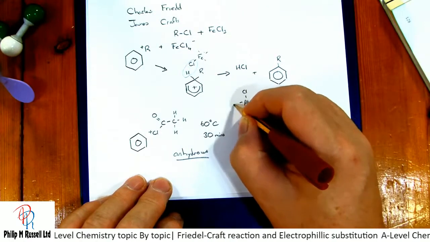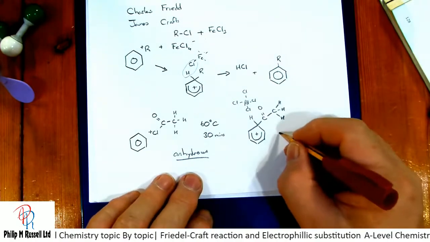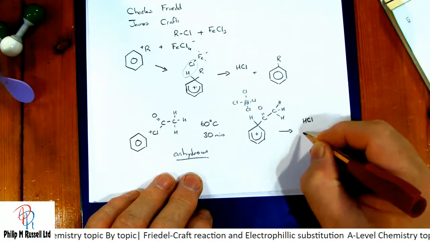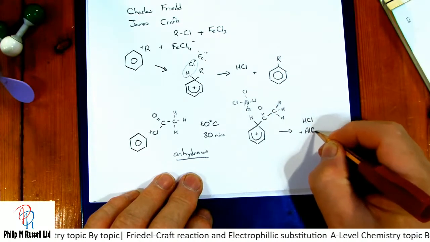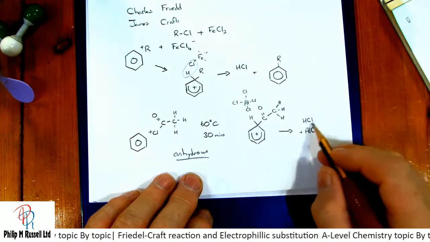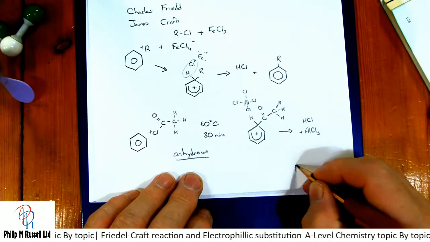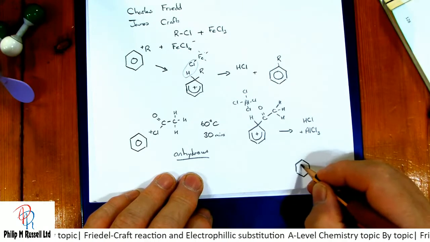Just got about room to put this in here, and that's going to give us HCl. It is going to regenerate our aluminium chloride catalyst, and we're going to get our benzene ring reformed.